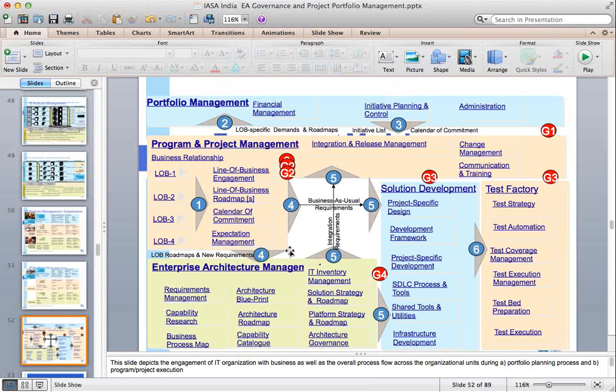From there, we look at mapping the solution development from the line of business roadmap. Obviously, the solution development, which is more project-specific designs and SDLC processes, must go through a kind of testing mechanism wherein it is qualified that yes, I can go in for the implementation. And then operations and change management. You also have to have communication and training which is set up together.